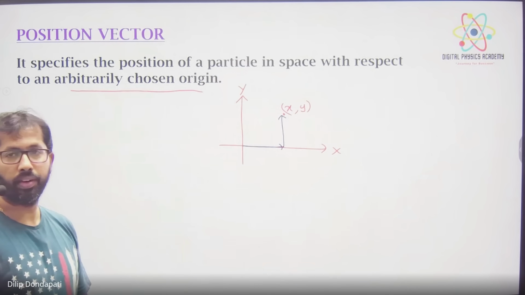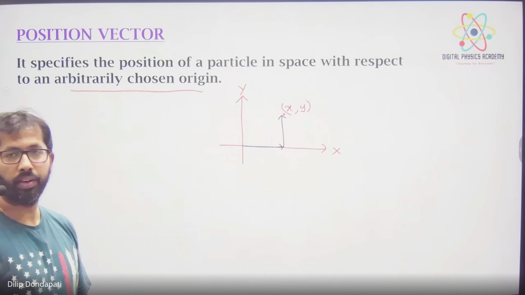This is the thing we learned. Now the position vector should always be with respect to the origin. You join directly from the initial point to the final point. This is nothing but the position vector, which we represent as r vector. The position vector is always with respect to the origin only.